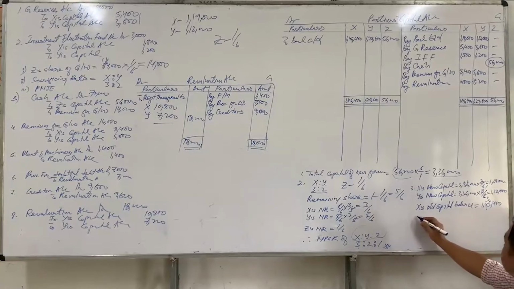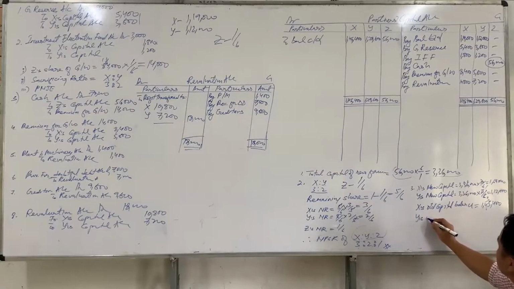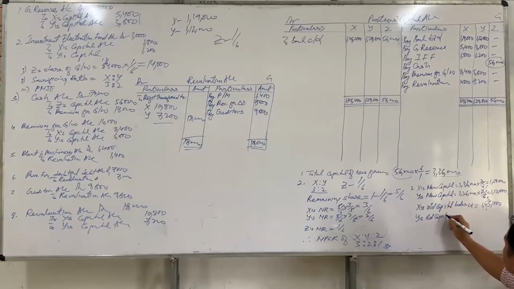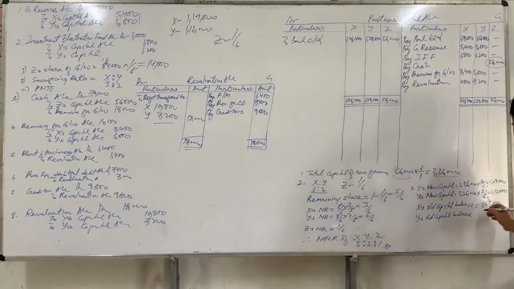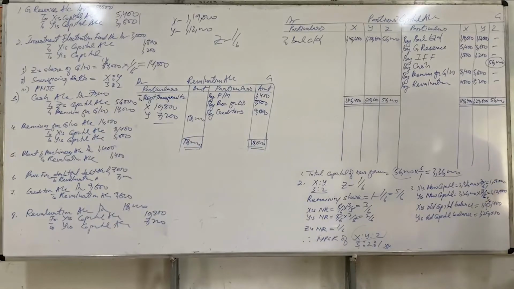And Y's old capital balance is how much? Y's old capital balance is 1,29,000.